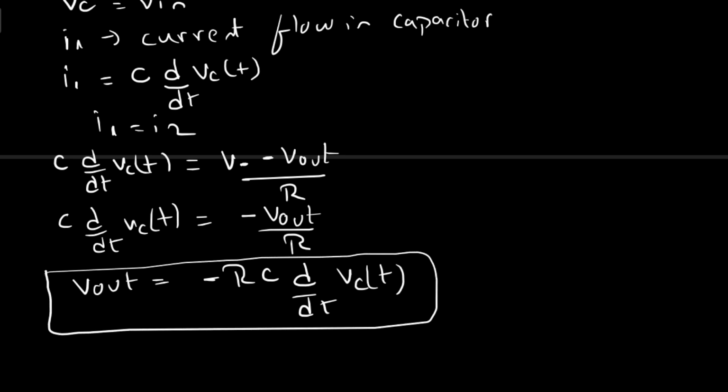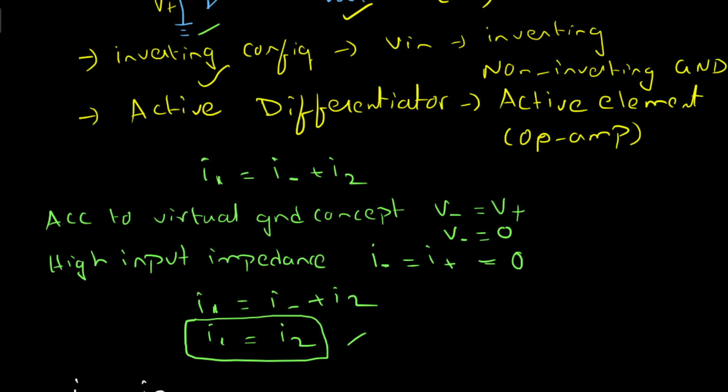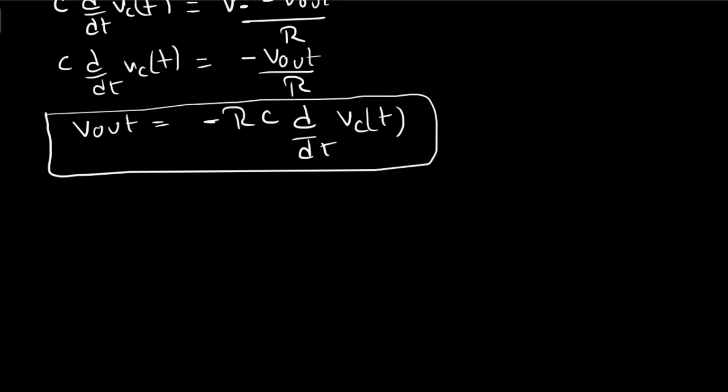So here this is a differentiator circuit. Differentiator circuit means the output, which is V out, is proportional to the differentiation of input voltage.